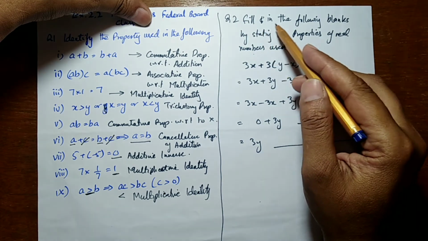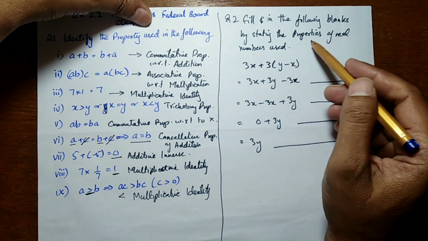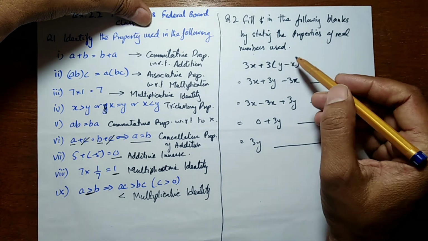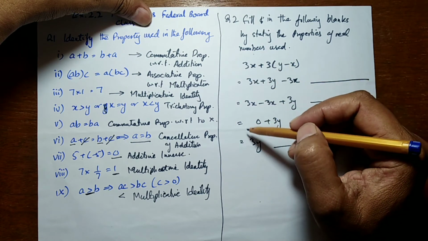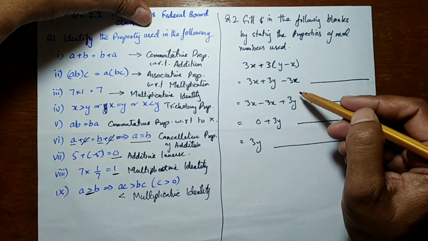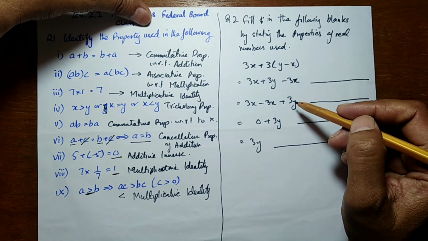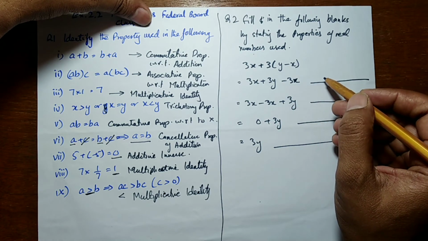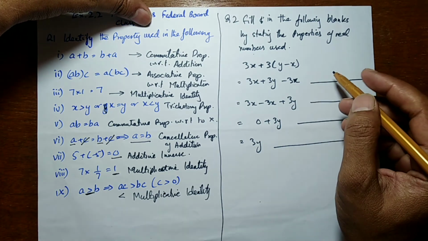Question number 2, fill in the following blanks by stating the properties of real numbers used. So this question is already solved, but in each step what properties are used, we have to write their names in front of each step.